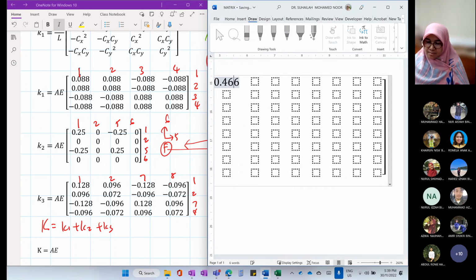Okay, next value is 1,2. Find 1,2 in K1, K2, and K3.